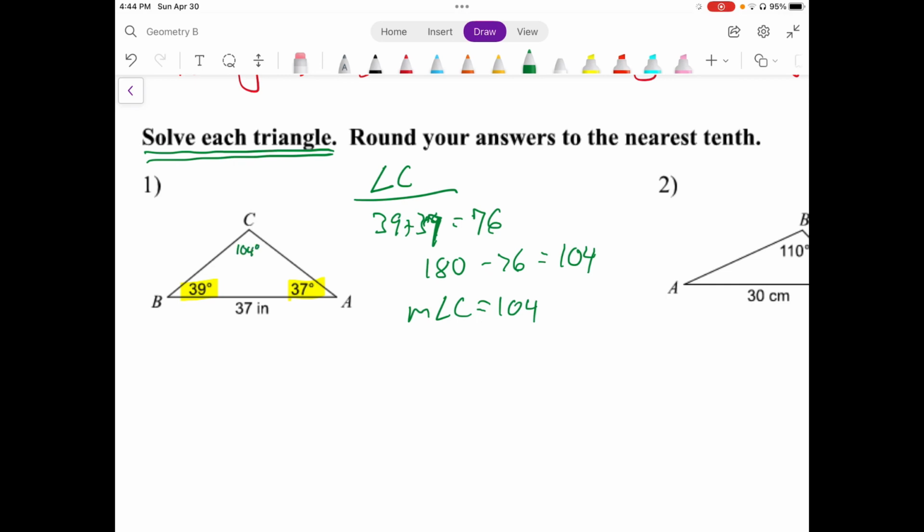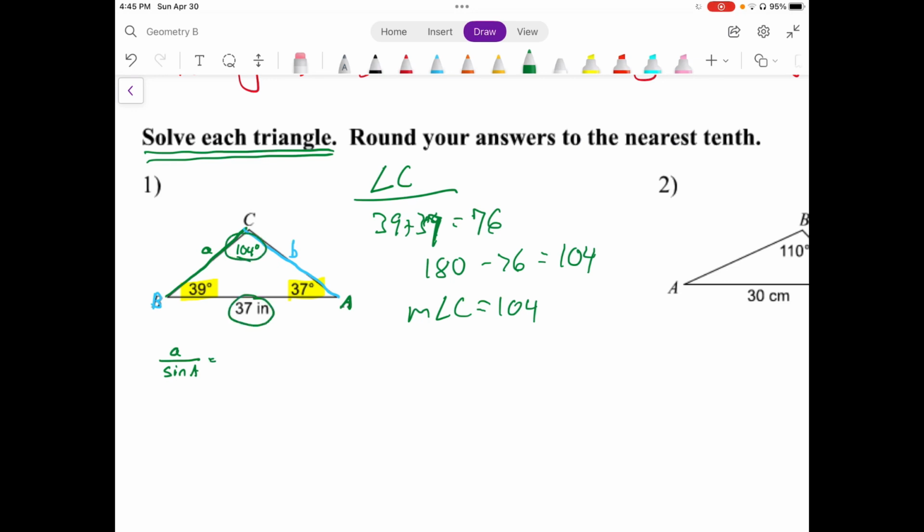Now that we have 104, we can set up the law of sines. We need side A, which is called side A because it's across from angle A. We also need side B, which is called side B because it's across from angle B. You just pick one that you want to find. Let's say we're going to find side A. So we can write A over the sine of A equals, and we have to use the two that we know.